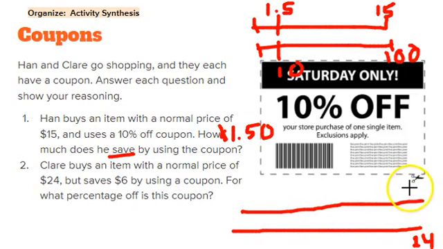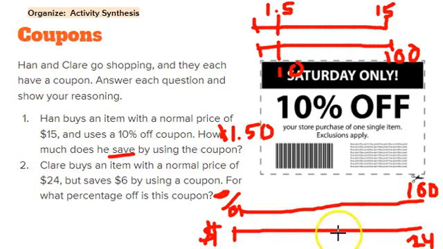So $24 is here, and that's 100%. And I know I've got it opposite of the way I did up there, but I've got everything labeled, so I know what I'm doing. All right, there's our percentage and their cost. So we want to go from that 24 down to 6. How do you get from 6 to 24?